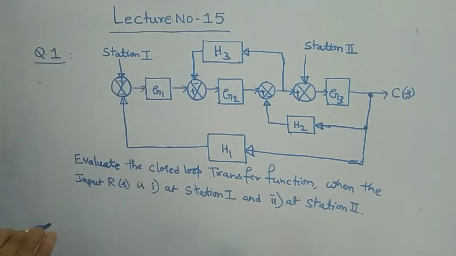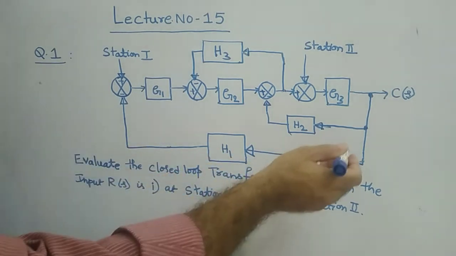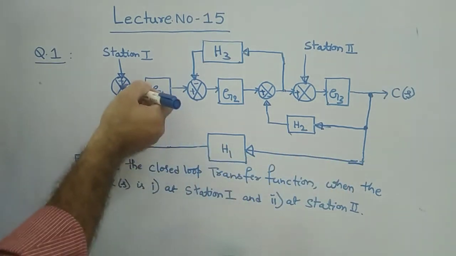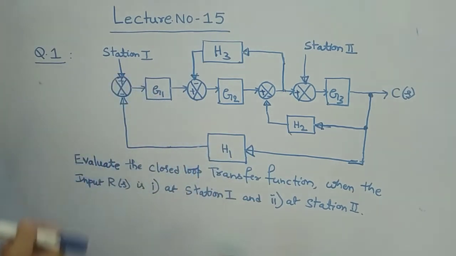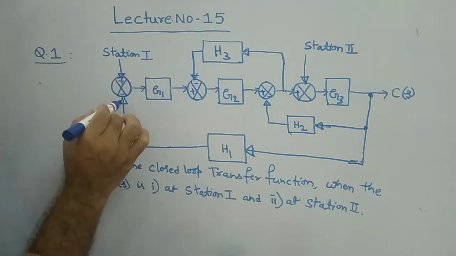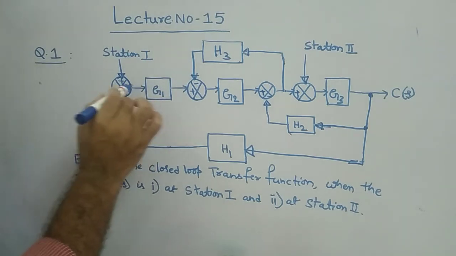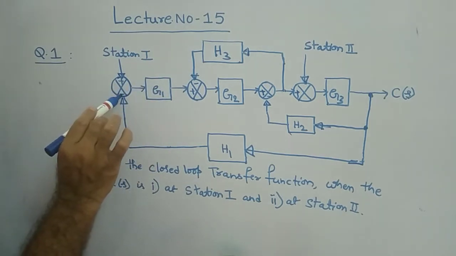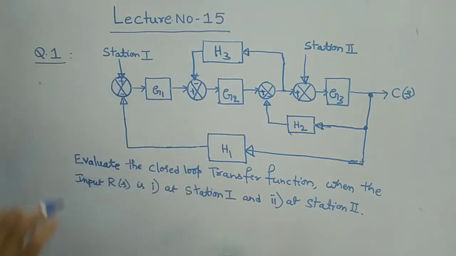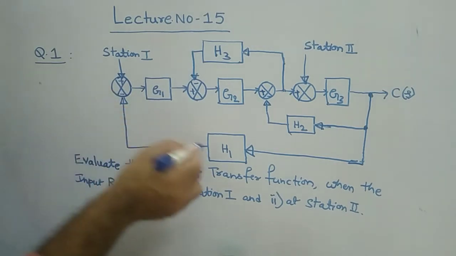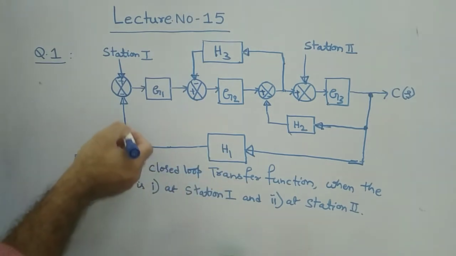And one important thing you need to remember is that this feedback which is coming to this summer point after H1, this H1 is going to which sign? Minus sign. Therefore you have to connect this arrow mark to this G1. You just put this minus before H1, meaning this minus is applicable to H1 only. That's why H1 comes in series with G1.